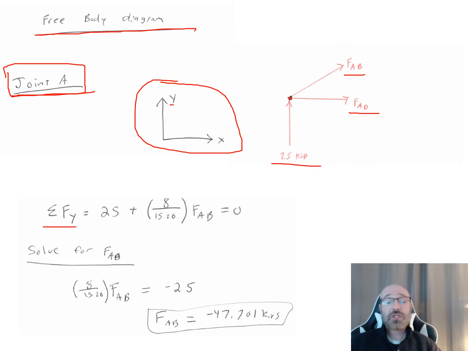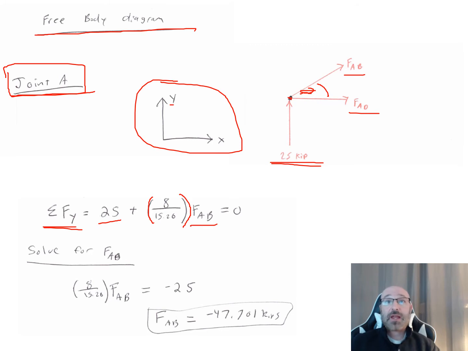So what is the summation of forces? What forces, or components of those forces, are acting in my y direction at joint A? Well, I can see here, purely in my positive y direction, I have this reactionary force of 25 kips. So I put that in right there. And then I have this FAB. Now I've already done out the trig here. I could have figured out the angle if I wanted to, but I just left it in terms of the opposite and hypotenuse for the sine of theta. So this is where I get this 8 over 15.26 to break this down to get the y component of my FAB force.